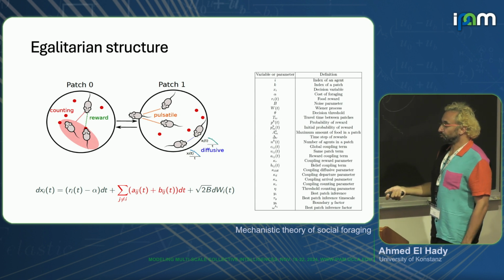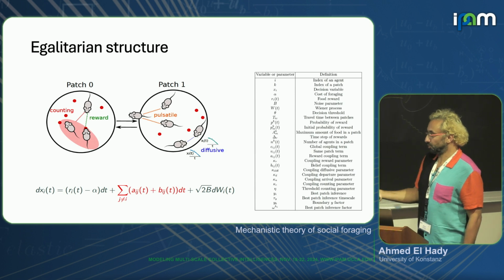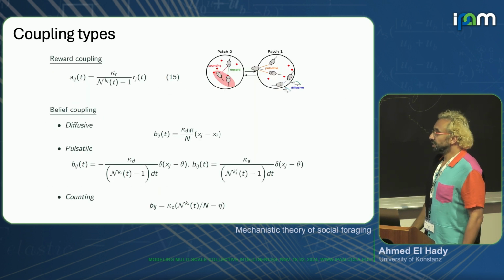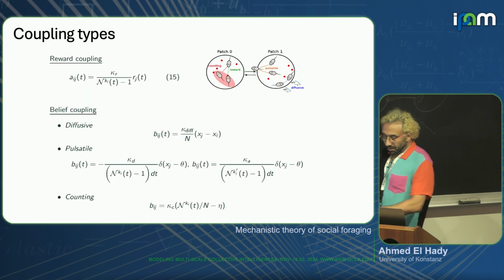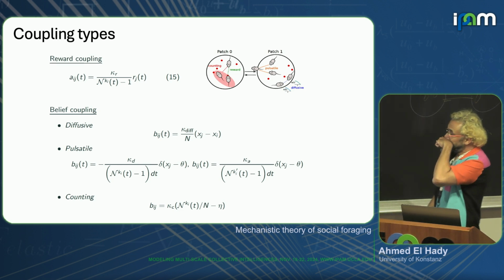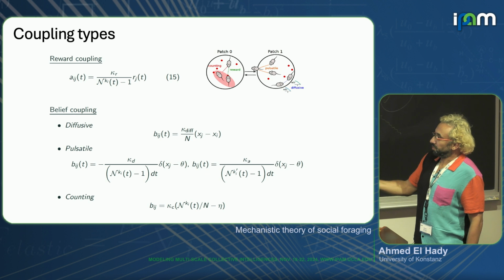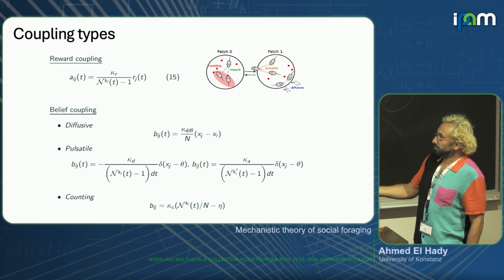And then we can use the same drift diffusion model that we used, but introduce a social coupling parameter term. And then we can write them down. We can write down the reward coupling, and then the diffusive coupling, pulsatile coupling, either D here for the departure or the arrival, or the counting.